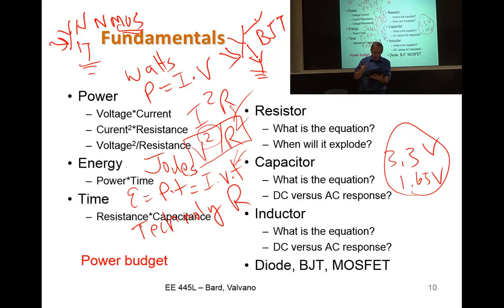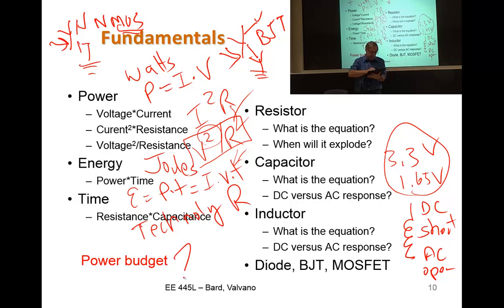What about an inductor? How does it behave in DC? In DC, it's a short. And in AC, it's an open. You should know its impedance in the complex domain: j 2 pi FL. Did I forget the j in the capacitor one? I might have.